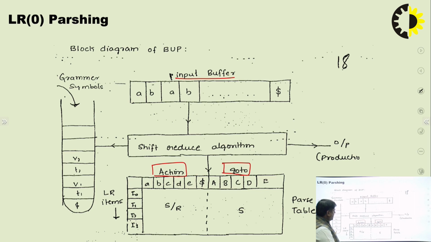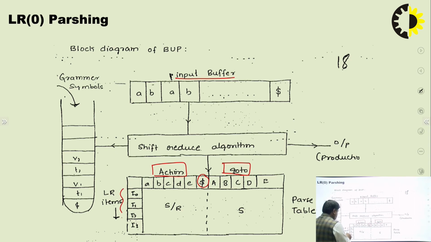Basically, in the action part, all the terminals are involved, like a, b, c, d, and dollar is also contained in the action part, and in the goto part all the non-terminals are contained, including the start symbol of the context-free grammar.